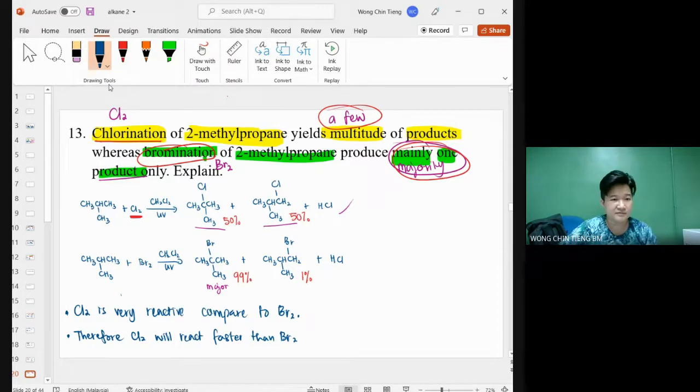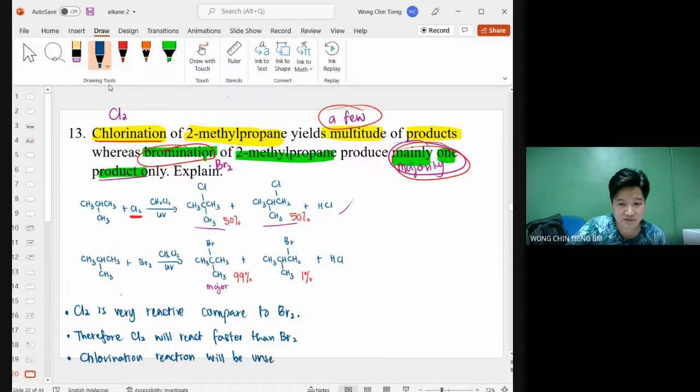Okay? And when it react faster, Cl2 ataupun chlorination reaction will be unselective. But bromination reaction will be selective. Setuju?